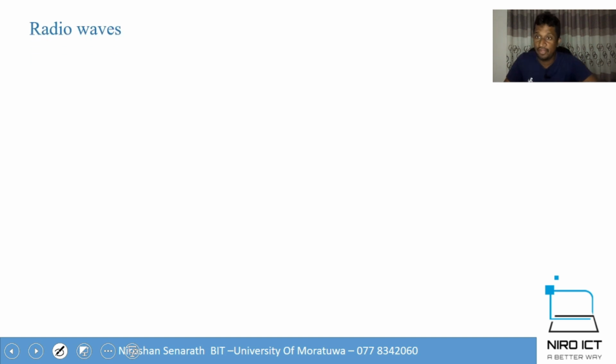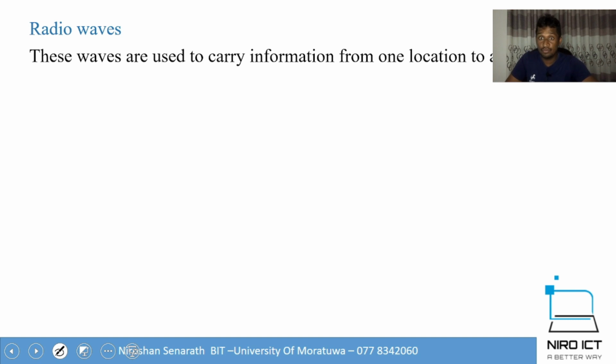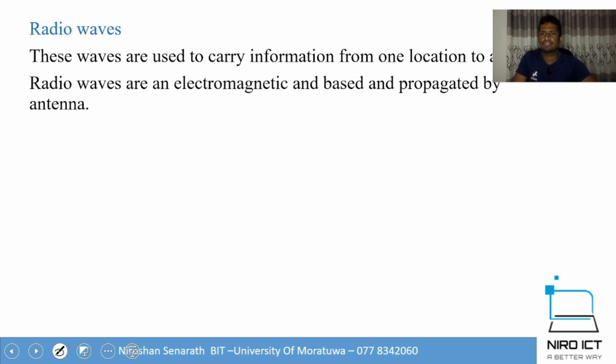So what are radio waves? Radio waves are used to carry information from one location to another. That happens for all data transmission media. Radio waves are electromagnetic and are propagated by antenna.